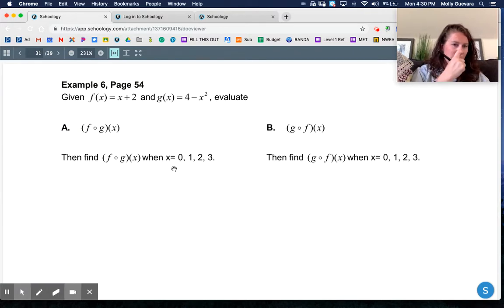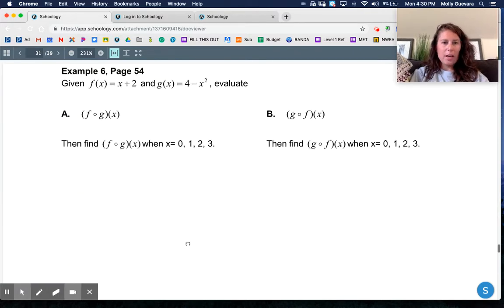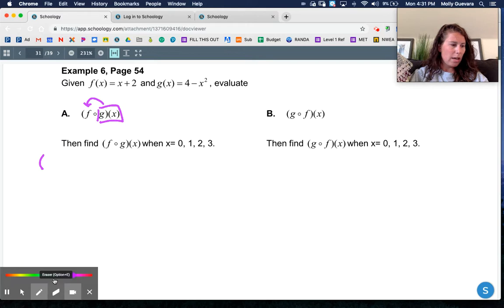Alrighty, example 6. Given that f of x is x plus 2 and g of x is 4 minus x squared, find the following. Okie dokie, here I have f with g, so that means I'm taking g and I'm plugging it into f. So actually, let's do that work up here so we have room.